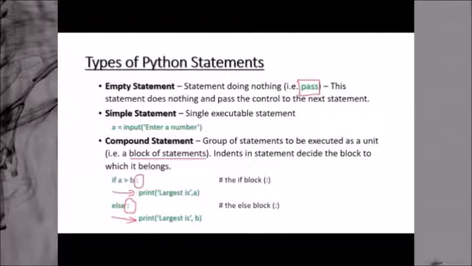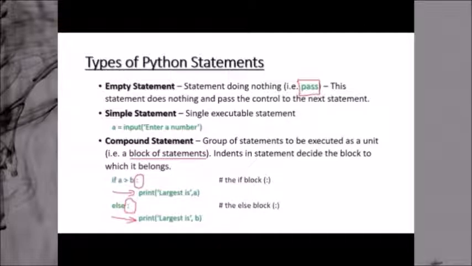We require blocks at various places. This is a selection construct, and in selection construct we require if, else, elif blocks. Similarly, in iteration construct we require a for block or a while block. If you are making a function, we require a function block. Sometimes within a block you require another block, which is called nested blocks.